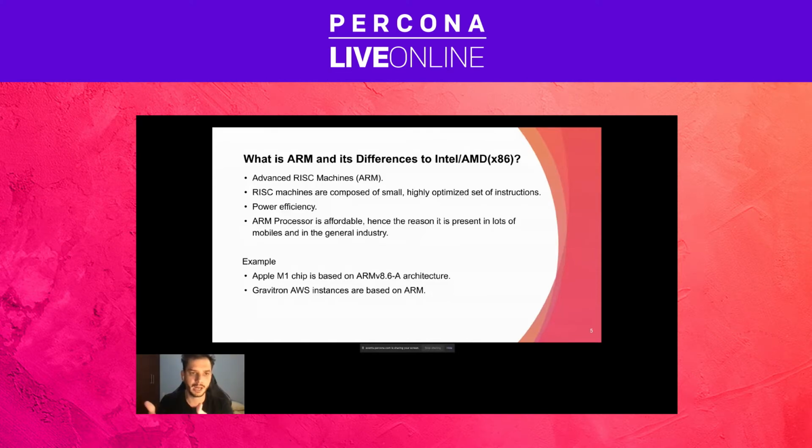It has very high power efficiency. For example, the latest Apple M1 chip has 10 watts of TDP, the thermal design power. And from what I saw, the TDP of a Core i9, of course it varies depending on overclocking, is around 160. So it's a huge difference, which can make a significant impact on the budget.